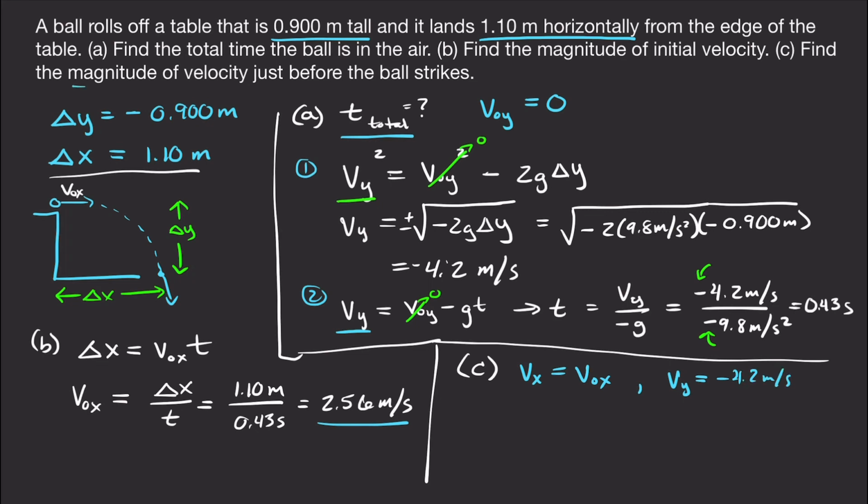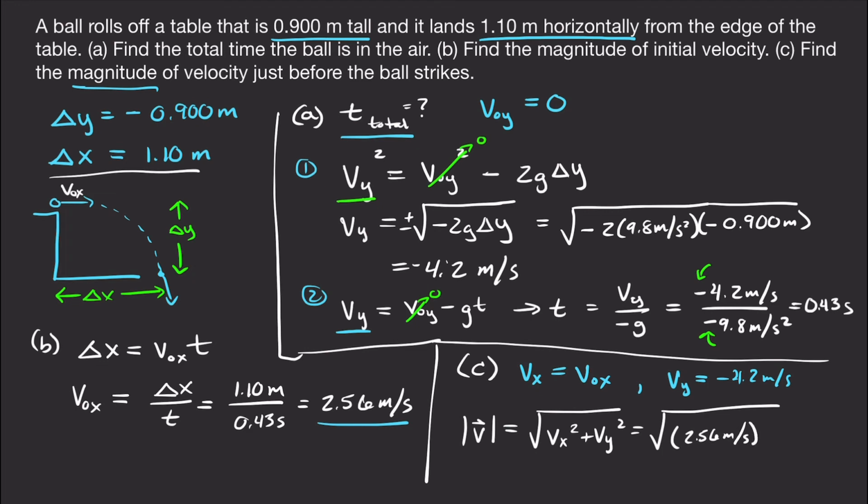So when it asks for magnitude, that means we should always think Pythagorean theorem. So square root of Vx squared plus Vy squared, or square root of 2.56 meters per second from part B, and minus 4.2 meters per second from part A. Plug all this in and you should get a magnitude of 4.9 meters per second.